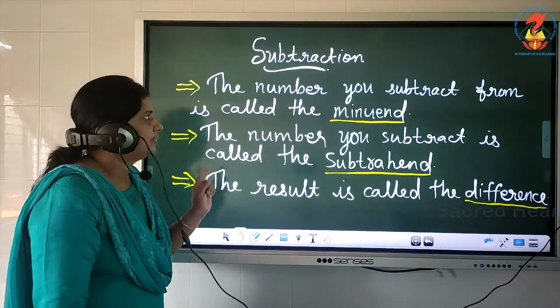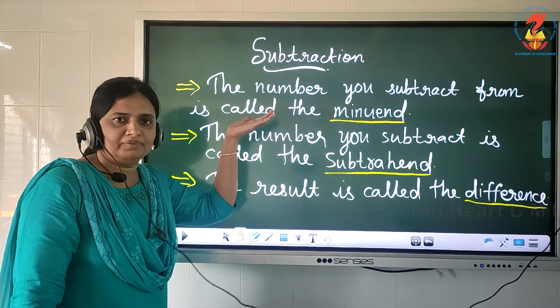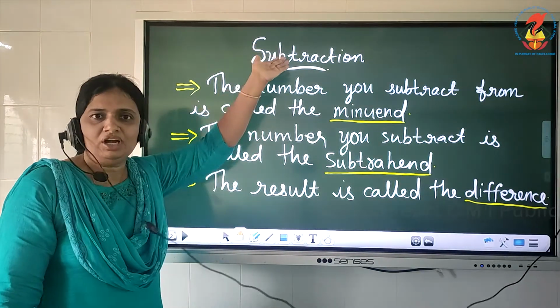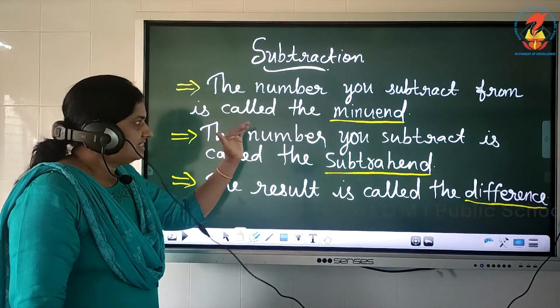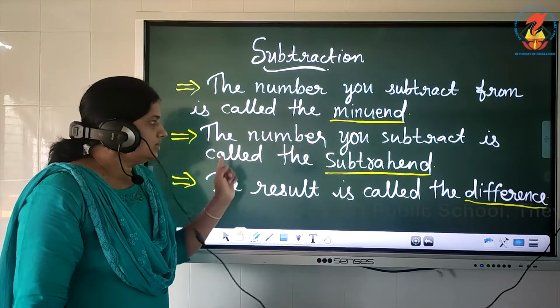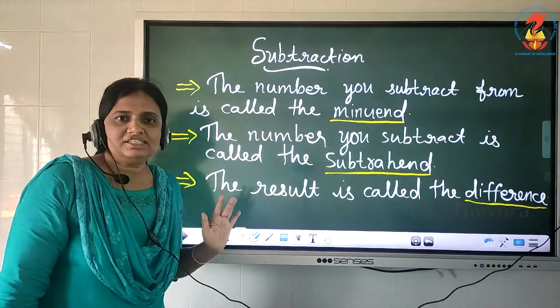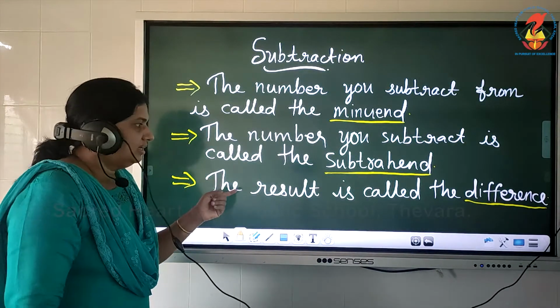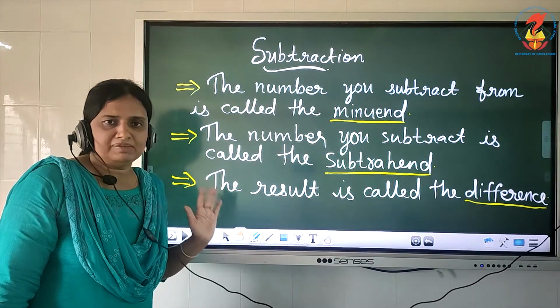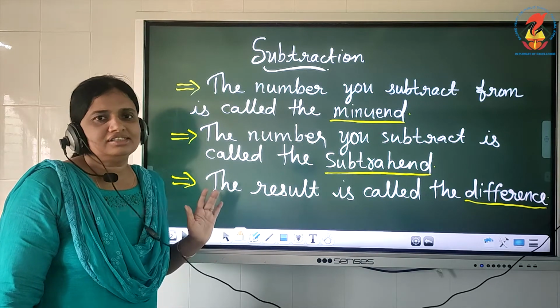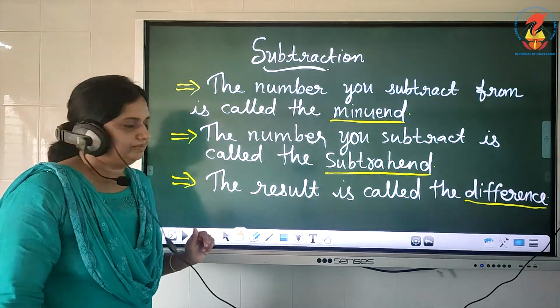Is it clear? The number you subtract from, the first number, is the minuend, the second number you subtract is the subtrahend, and the result is the difference.